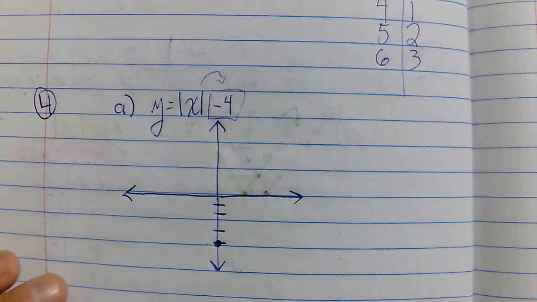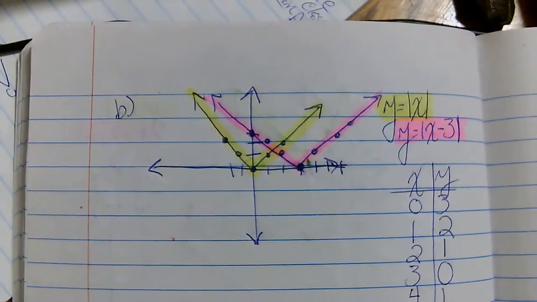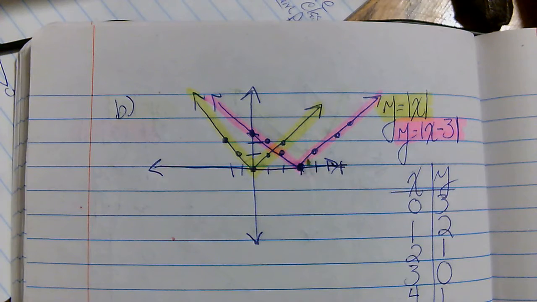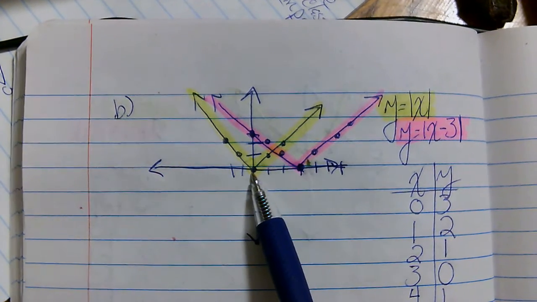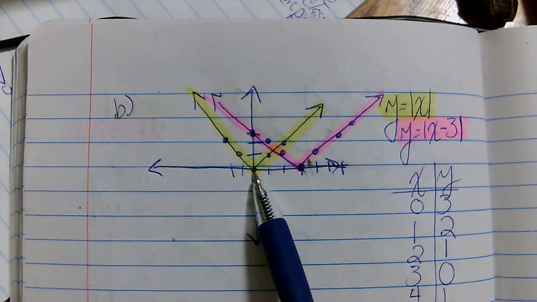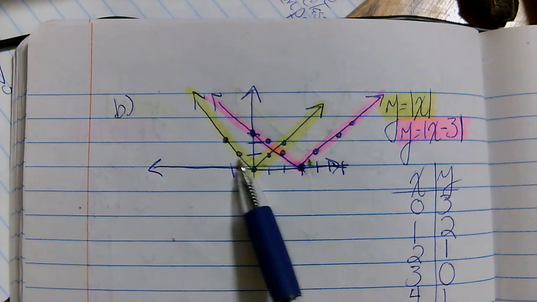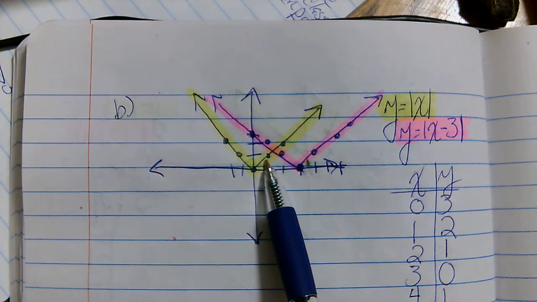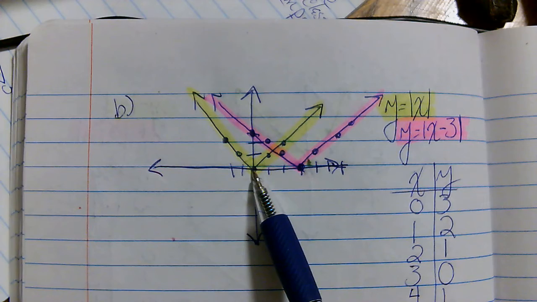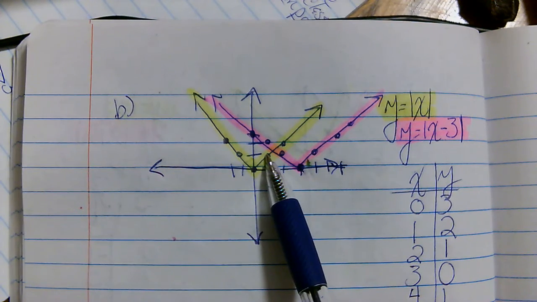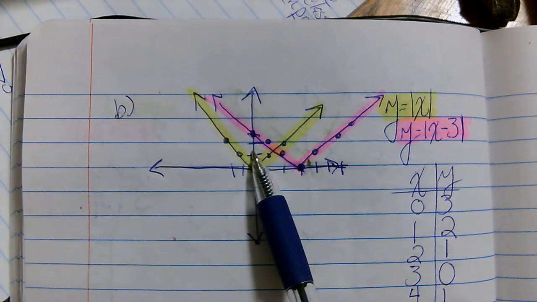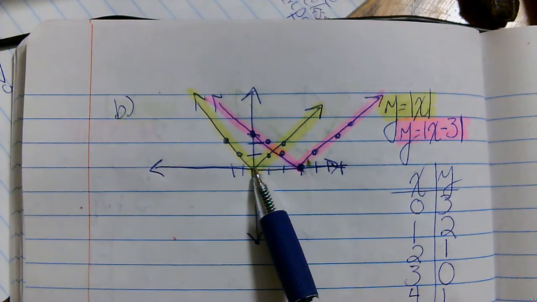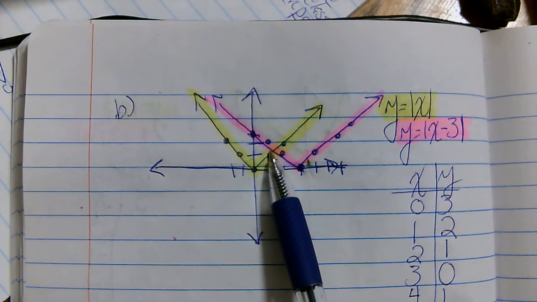I know that with my parent function, it starts at the origin, then it goes up 1 over 1, 1 over 1. Almost like when you find slope, you know how you go up 1 over 1, up 1 over 1.